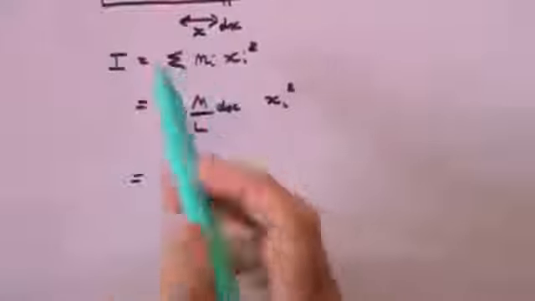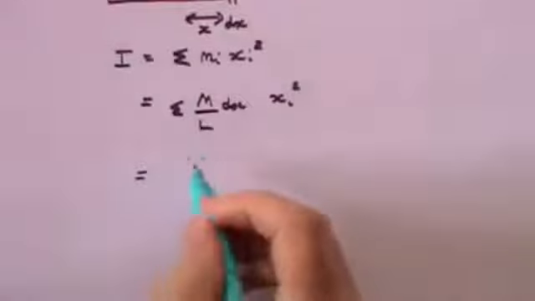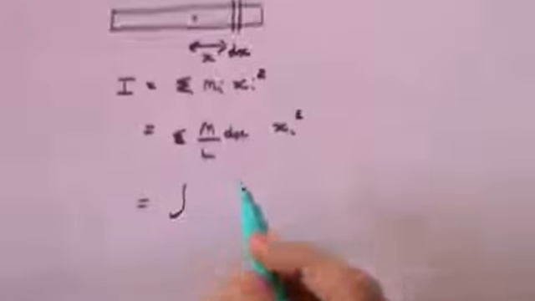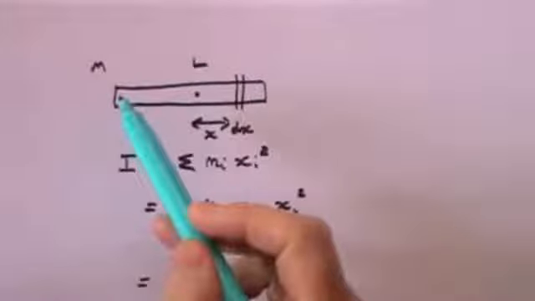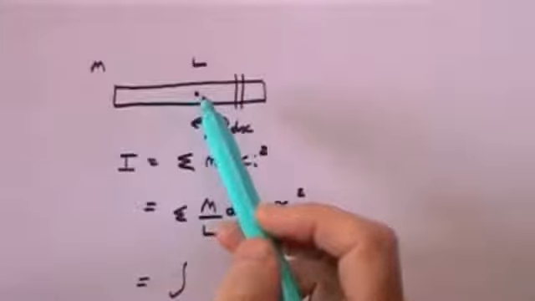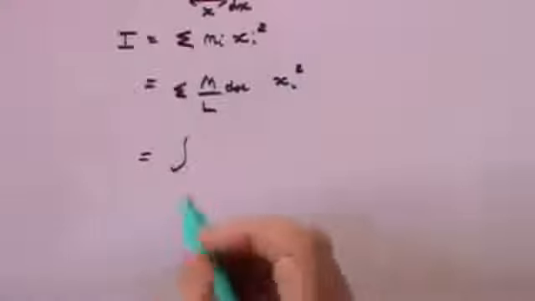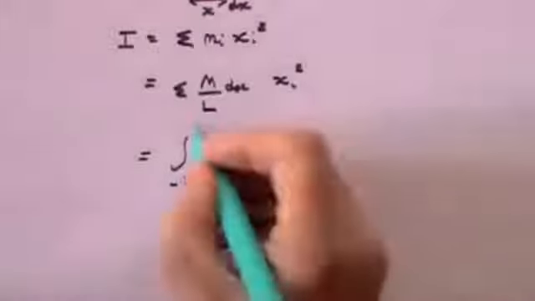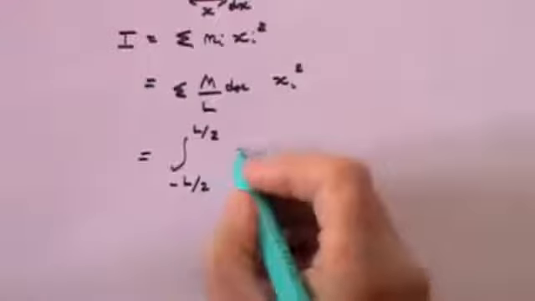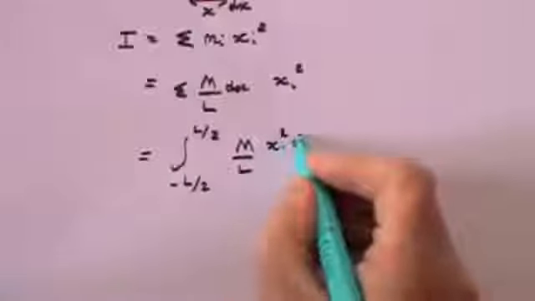And that, once again, because it's continuous, we replace by an integral. So now you've got an integral not from 0 to L, because it goes from minus L over 2 to 0, since this is, as it were, the origin. So minus L over 2 to 0 and 0 to L over 2. So the total integral now is from minus L over 2 to plus L over 2 of m over L x squared dx.